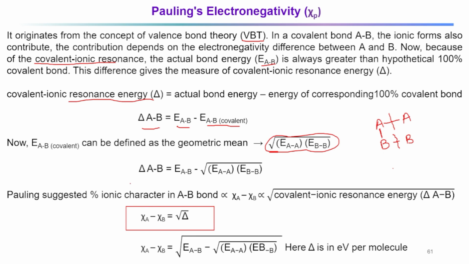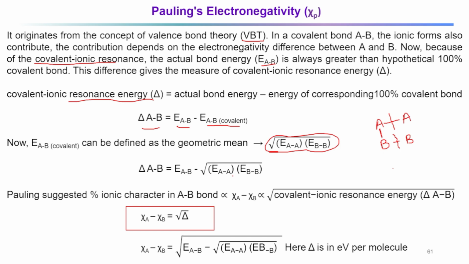So we can write this value in terms of the energy of 100% covalent bond between AB. If you put that, we get delta AB equals EAB minus under root of EAA into EBB.